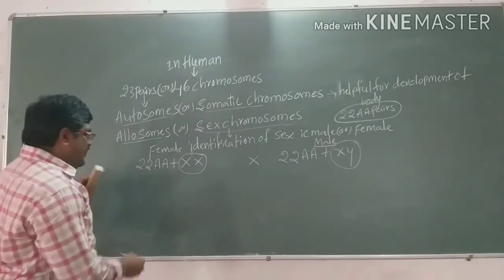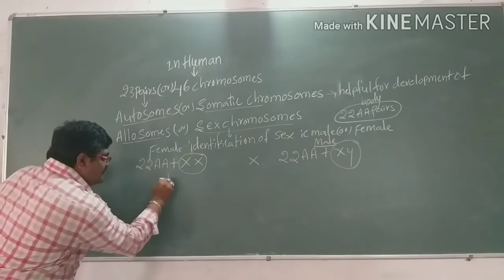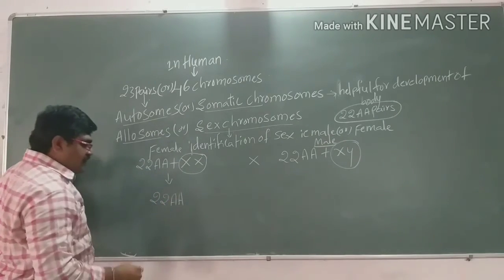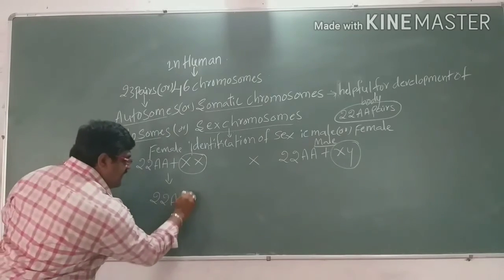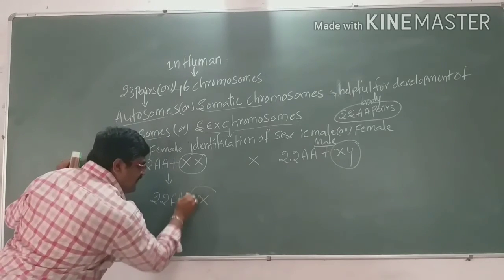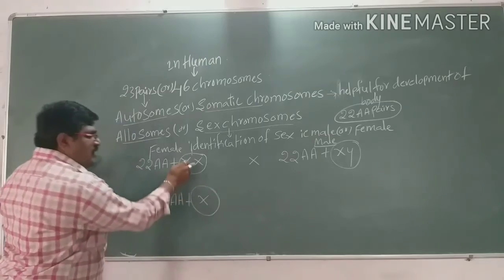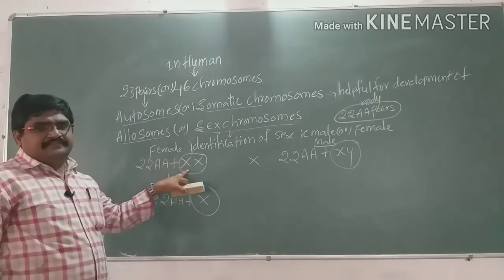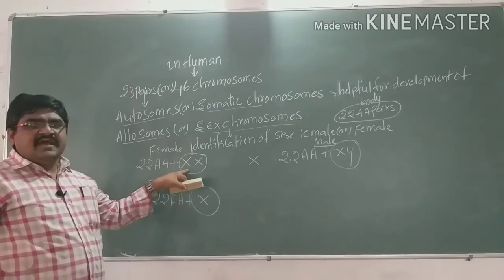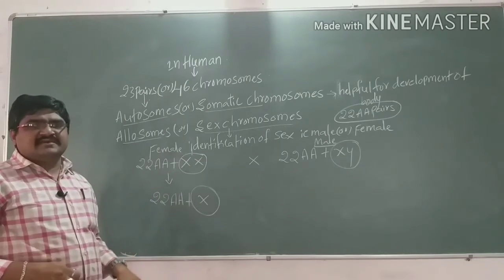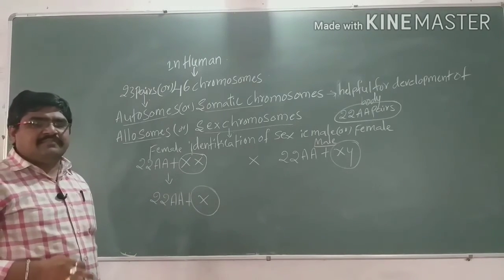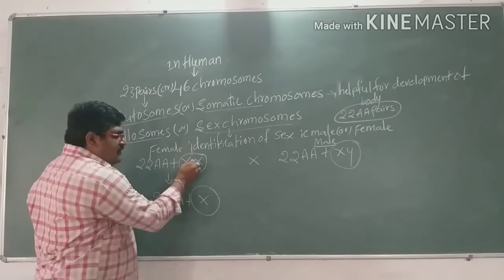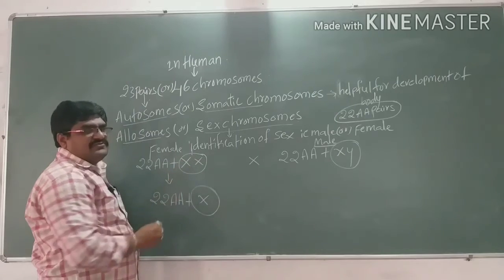So here we have the same process: 22 pairs of autosomes are present, plus one X chromosome. That means two X's are present. They are homozygous. Homozygous means they have the same type of character; genes express the same type of character, so we can call them homozygous chromosomes.